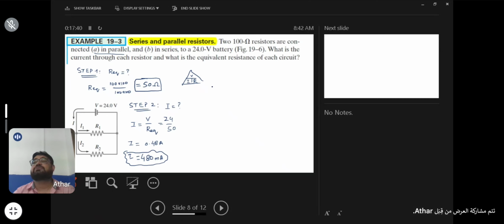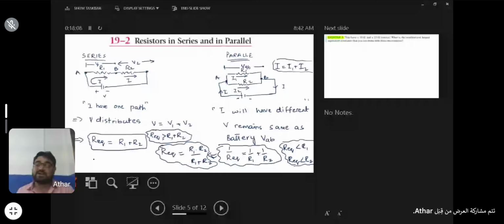Okay, now I'm coming back to the question. We know R equivalent; I just gave you the idea of how to find it in parallel. We know the total current. Now we will go to the branch currents I1 and I2. There are many ways. In parallel with the same resistances, the total current divides into two equal parts, because I told you in the previous slide that I is equal to I1 plus I2.